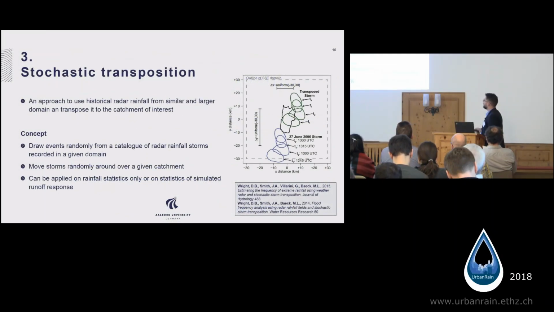So we're randomly moving storms around from, let's say, a catalog of observed storms to a specific catchment, and then we can do either statistics on the rainfall only on this catchment or this area, or statistics of the simulated response of the catchment.